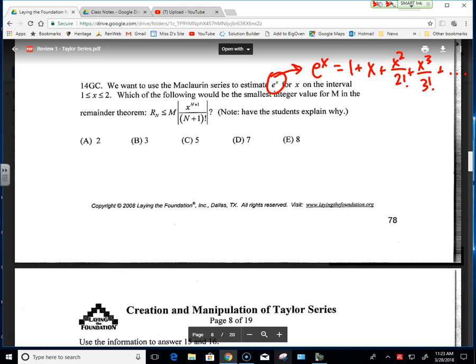Tomorrow you guys can make sure you have it. Okay, on the interval 1 to 2, which of the following would be the smallest integer value for m? R is the remainder. That would also be seen as the error, right? We have the nth degree that's being used to approximate the n plus first over n plus 1 factorial. That could be Lagrange in some way, shape, or form, right?